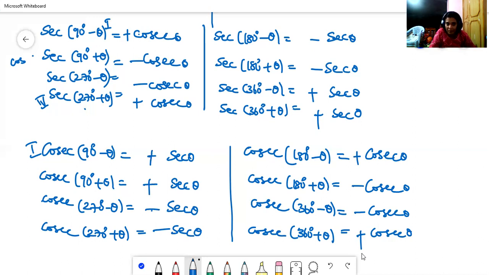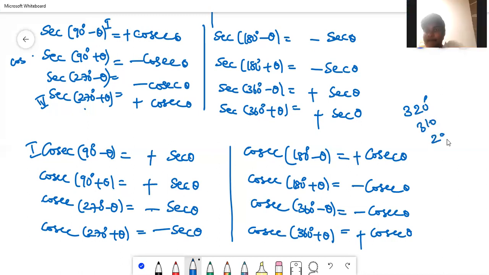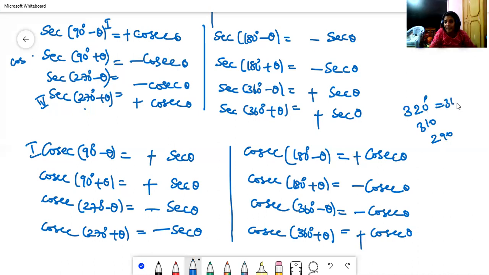These functions and signs of the first and second quadrants can be applied to different angles. Suppose 320 degrees, 310 degrees, 690 degrees. In that case, we can write 360 minus 40, 360 minus 50, 270 plus 20, like that.